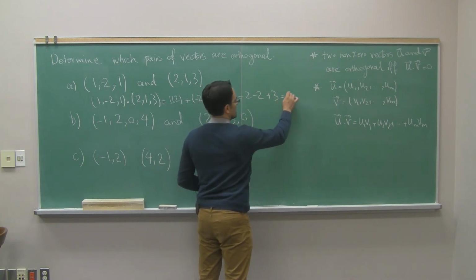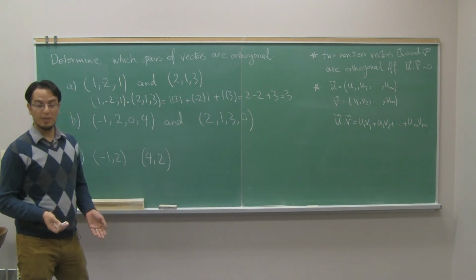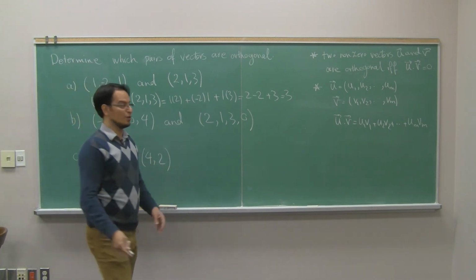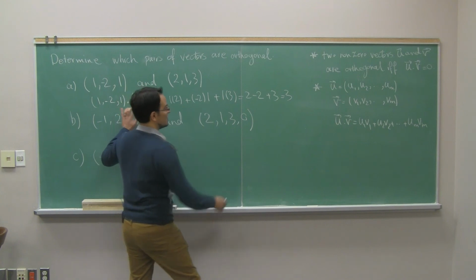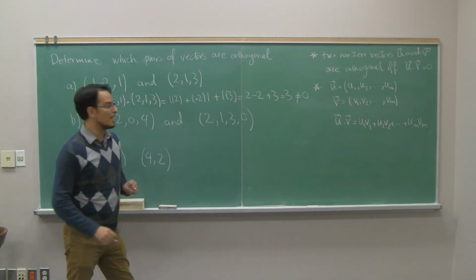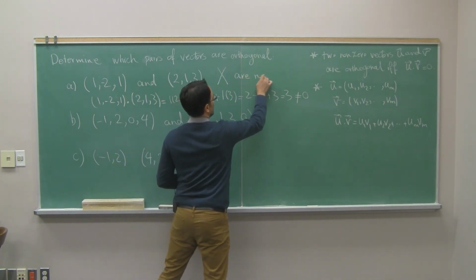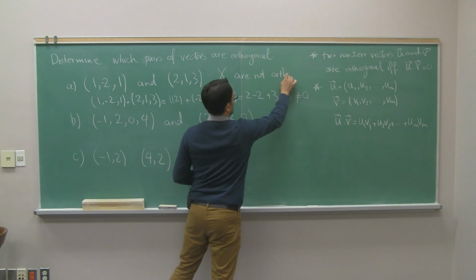And you can see that the result is 3. 3 is not 0, so that means the dot product of these two is not 0, meaning that these two are not orthogonal.